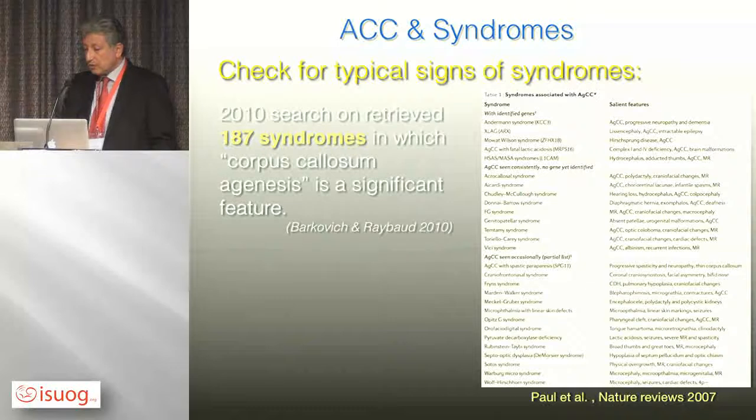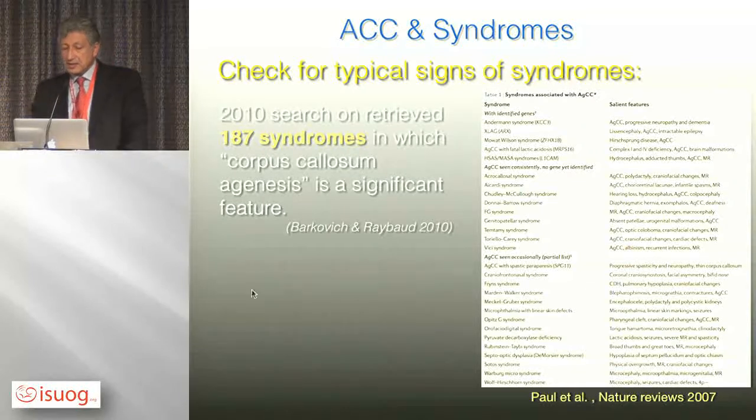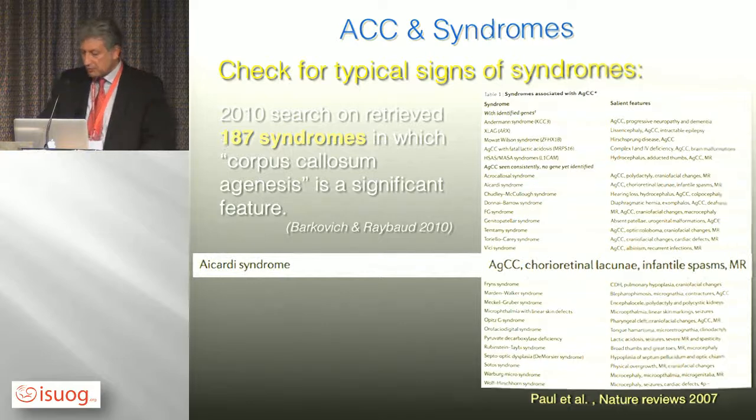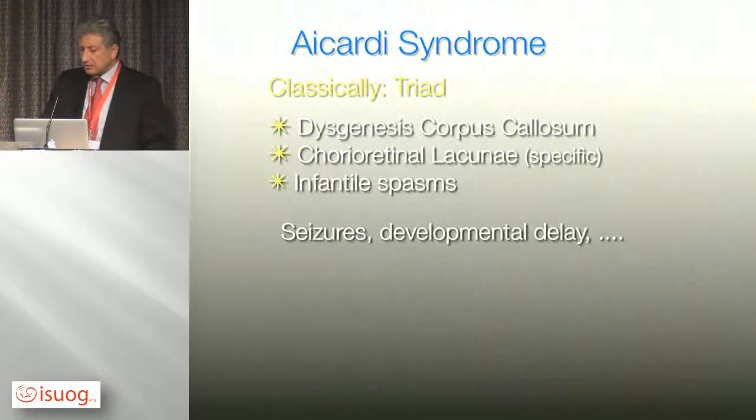And if you look at what Ribot said in his book, they said that they have done an online search in Medline and OMIM, and they found 187 syndromes. 187. You can work your whole life and not see all. But they said one of the most commonly described is the Aicardi syndrome. And I want to finish my talk by describing this syndrome as a new message for you. What is Aicardi syndrome?